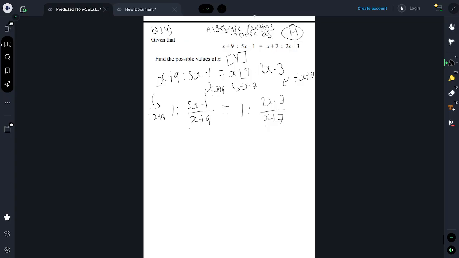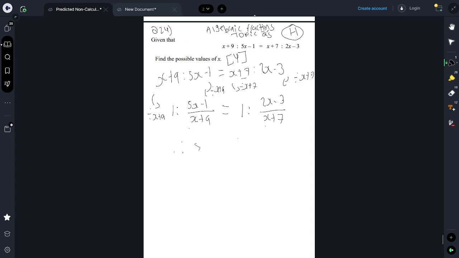Now, because both of these are 1 to something, 1 to n and 1 to m, with different values of x, that means n has to be m. The right-hand side has to be exactly equal to each other for this to happen, because 1 to 1 means this has to be the same.